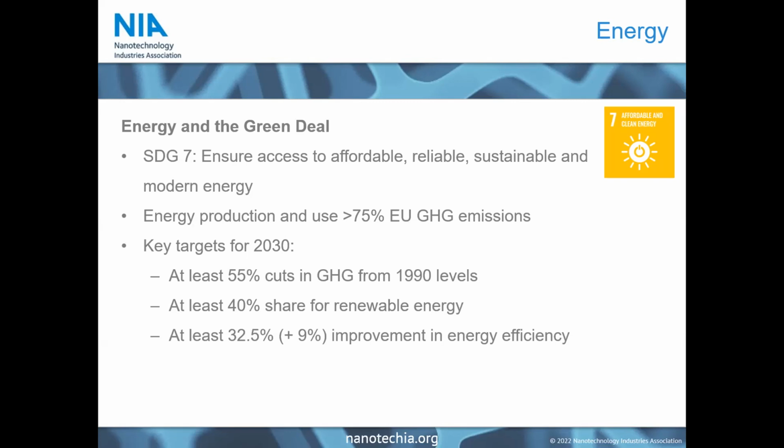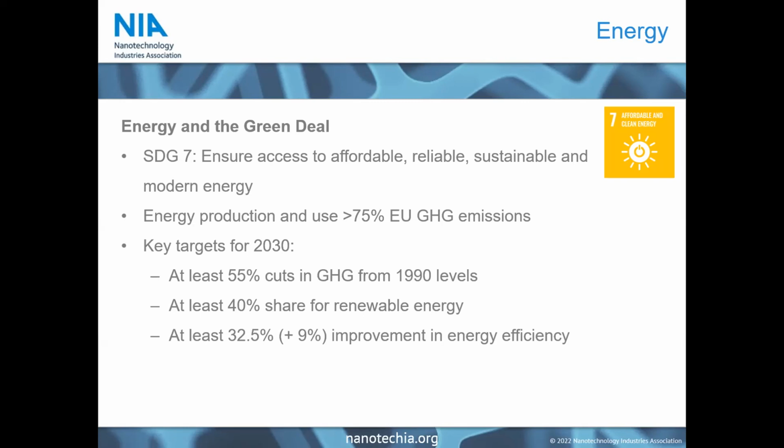And just to give a couple of data points, in the EU alone, the energy sector, so production and use of energy, account for over 3/4 of the total greenhouse gases emissions of the bloc. So obviously decarbonizing the energy sector will be a key part of achieving climate goals.